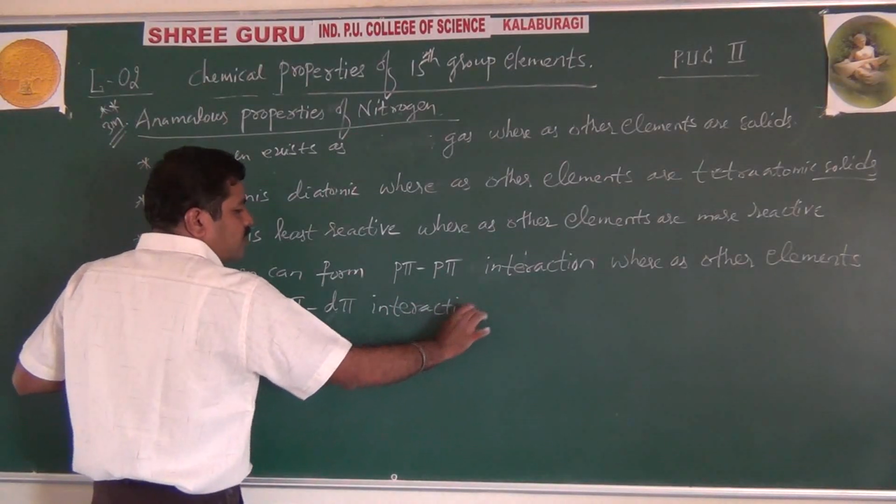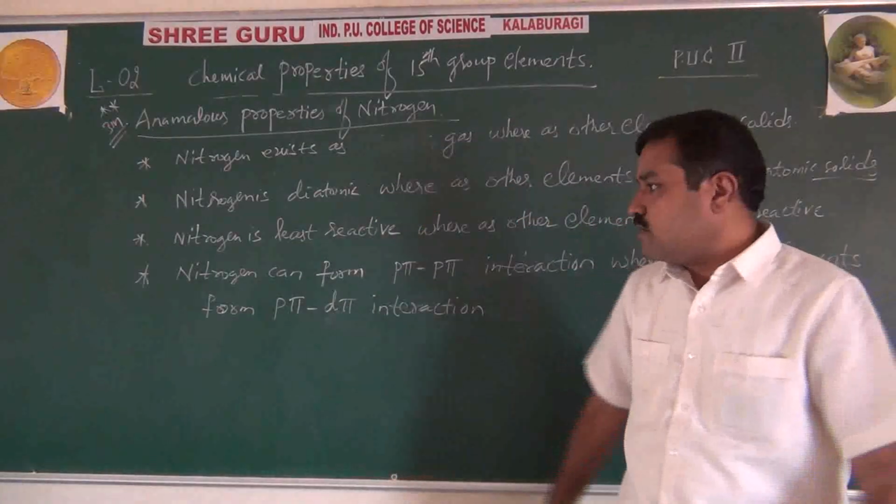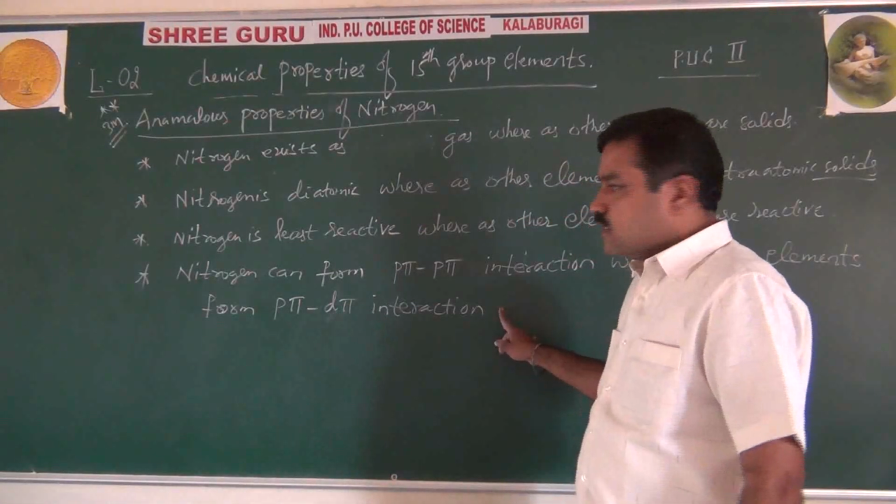Now, why can nitrogen not form dπ-pπ interaction? Because d orbitals are absent in nitrogen, whereas d orbitals are present in other elements.